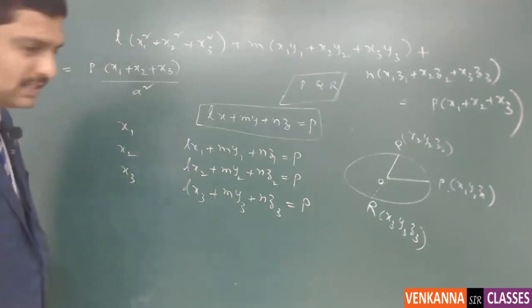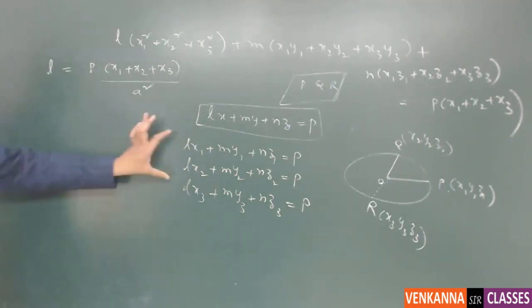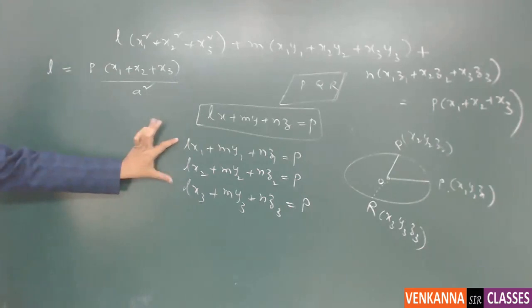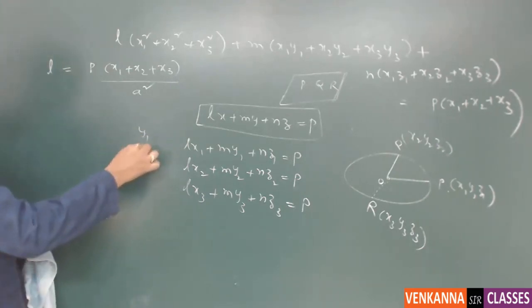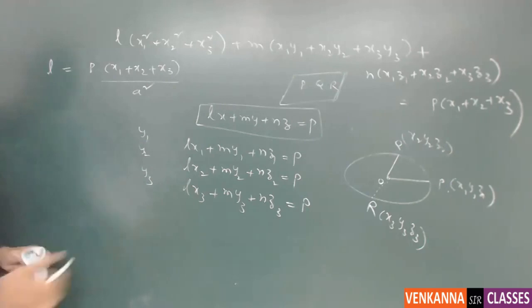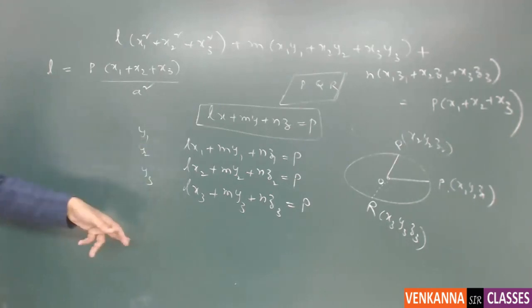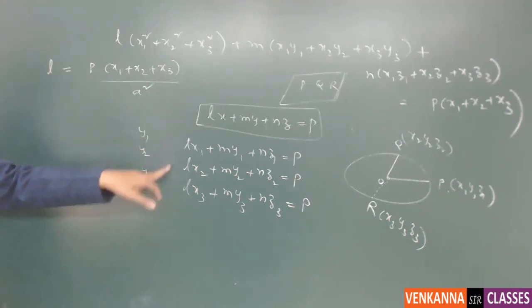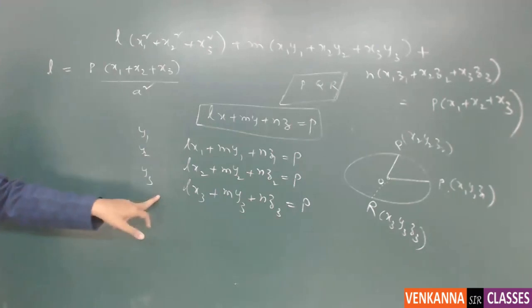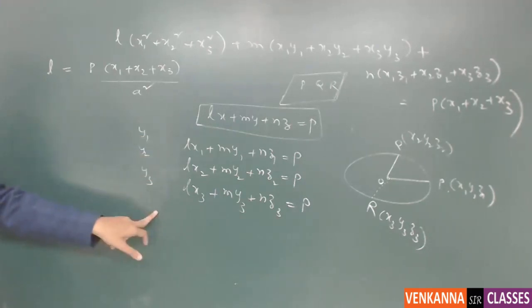Similarly, consider these three equations, multiply them with y1, y2, y3 and add them up. Just like what you did now, multiply the first equation with y1, second equation with y2, third equation with y3 and add them up.